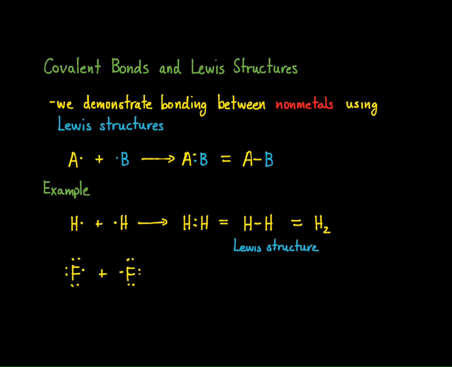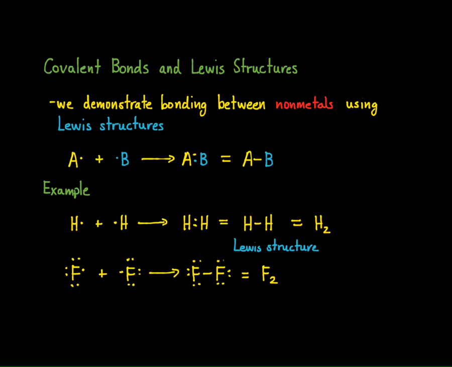So fluorine, having 7 electrons around it, has 1 unpaired electron. When 2 fluorine atoms come together, the 2 unpaired electrons are shared between the 2 fluorines, and then of course each fluorine has what we call 3 pairs of non-bonding electrons around it. And in general, the formula we simply write as F2.